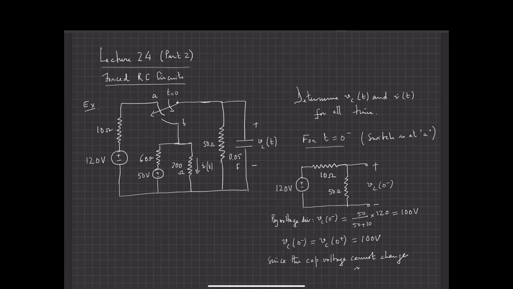I think I can squeeze this in here. All right. So I've solved the problem at t equals 0 minus for Vc at 0 minus. Let's now start looking. I don't know where I should do this.